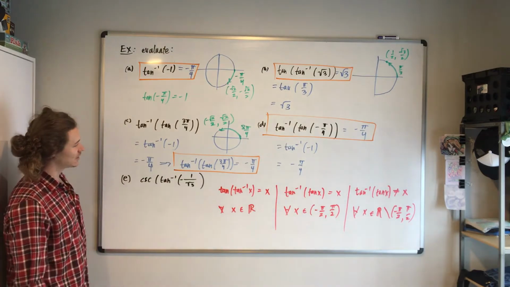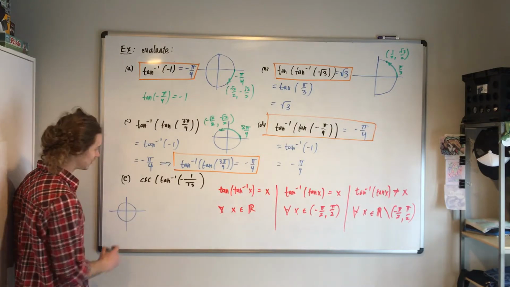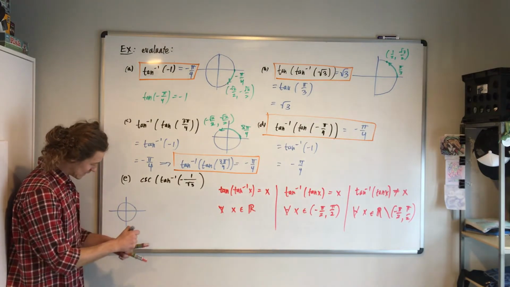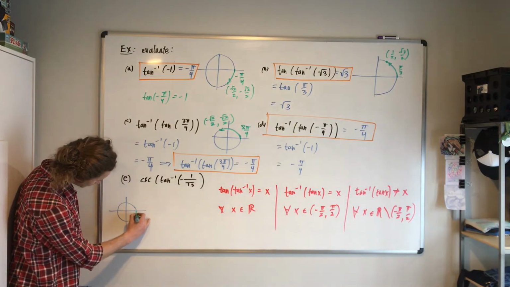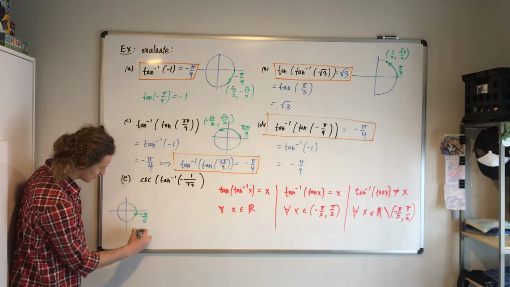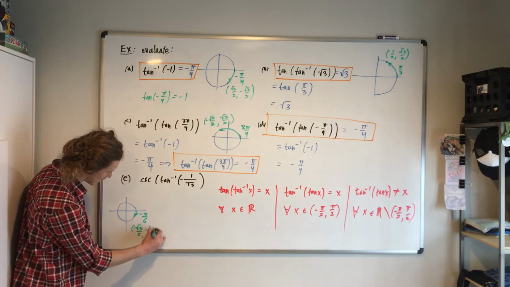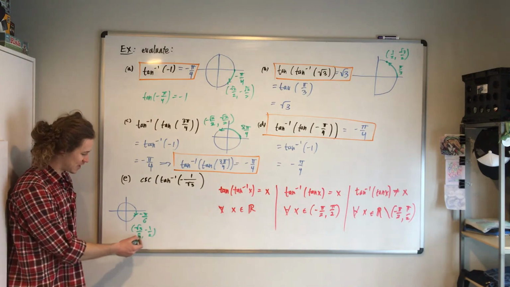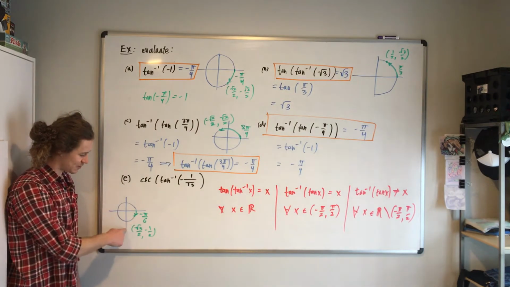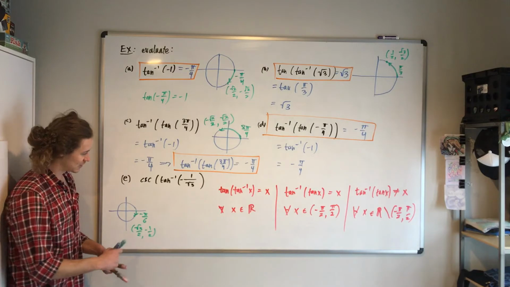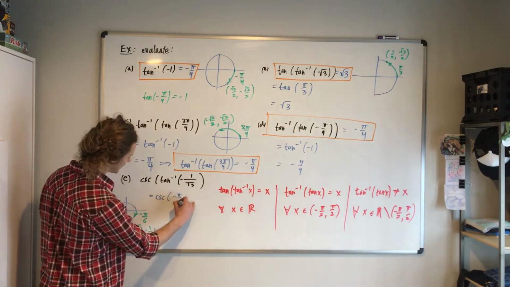So to find this value, we can note that the real number negative pi sixths corresponds to the terminal point root 3 over 2, comma, negative 1/2. And the ratio of negative 1/2 and root 3 over 2 is equal to negative 1 over root 3. And negative pi sixths is a number between negative pi halves and positive pi halves. So we really want to evaluate the cosecant of negative pi sixths.